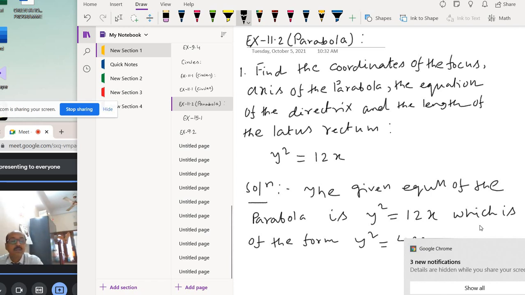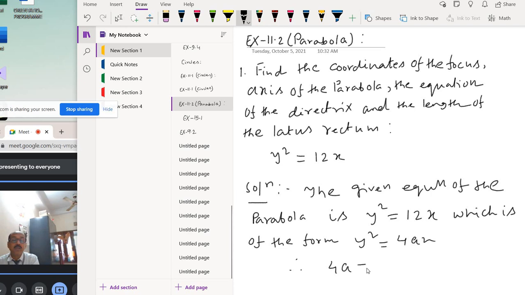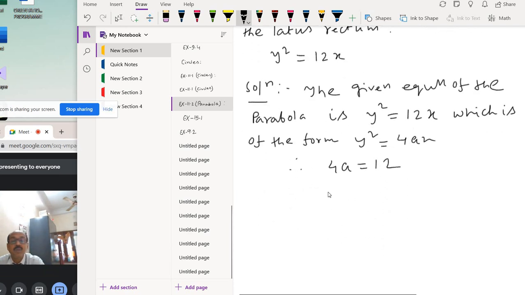Okay, so 4a is equal to 12. Sir, a is equal to 3.